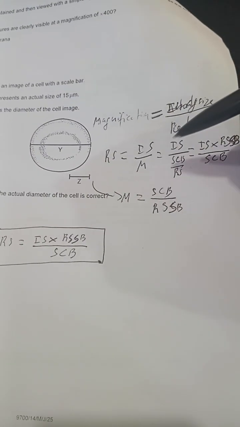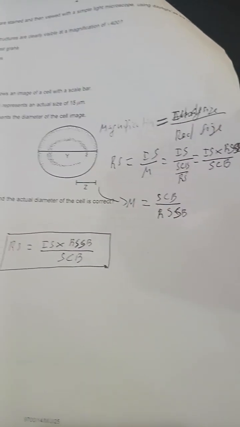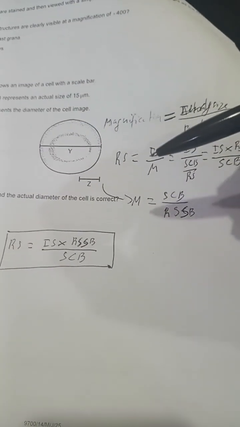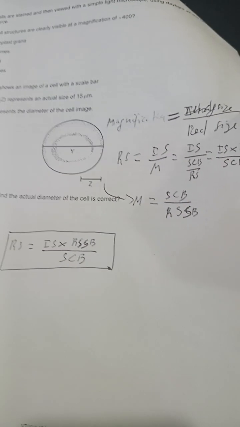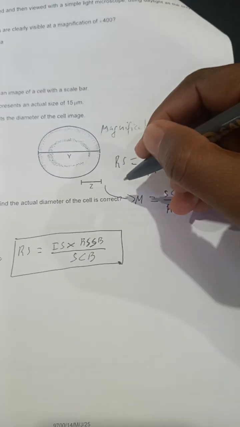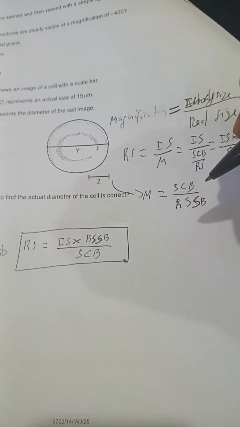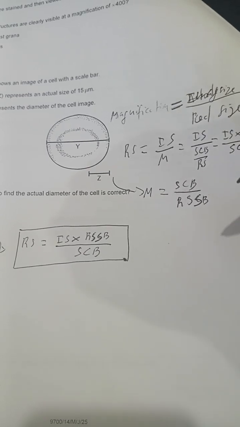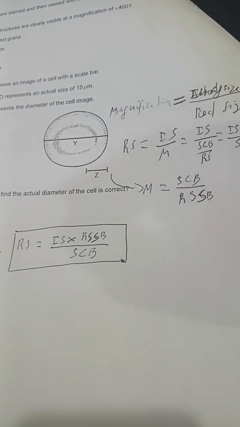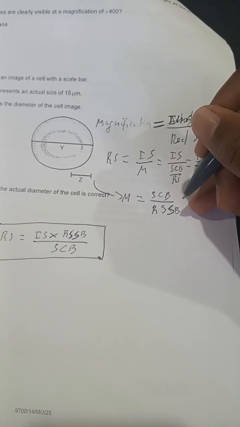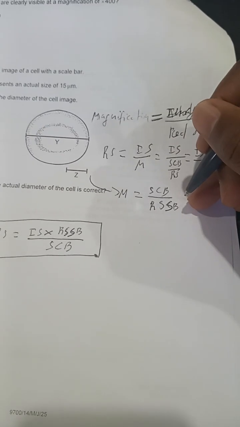So just get back to the scale bar. From the scale bar you can actually get the magnification. How do you get the magnification for the scale bar? From the scale bar, given here as Z, magnification is going to be the size of the scale bar. You need to use a ruler so you can get the size of the scale bar. Represented like this, SSB over the real size of the scale bar, so the actual size of the scale bar.